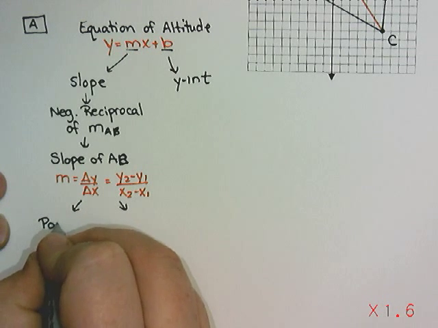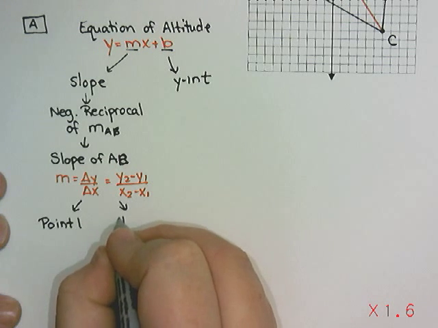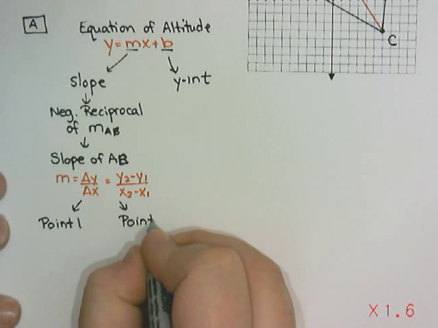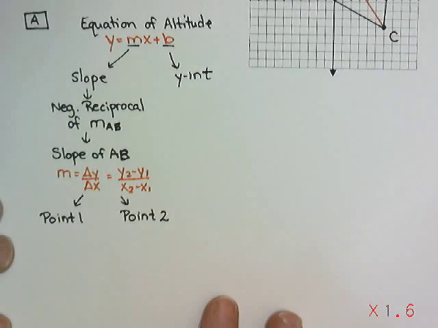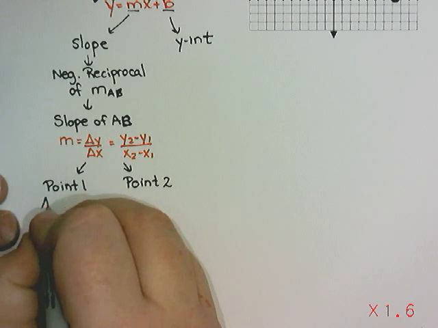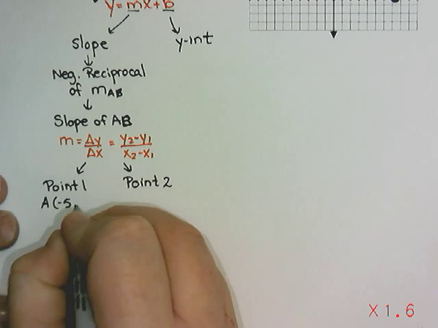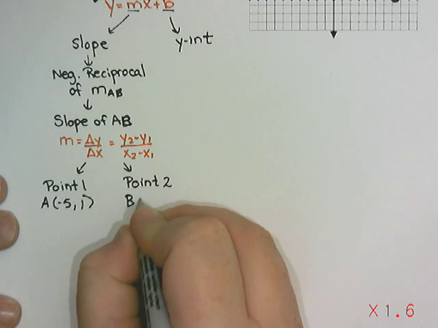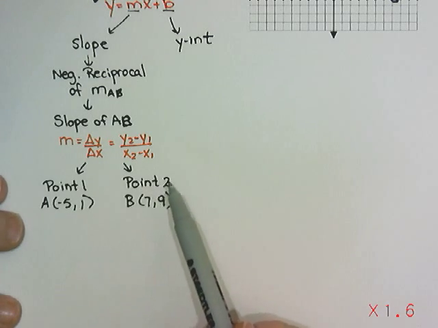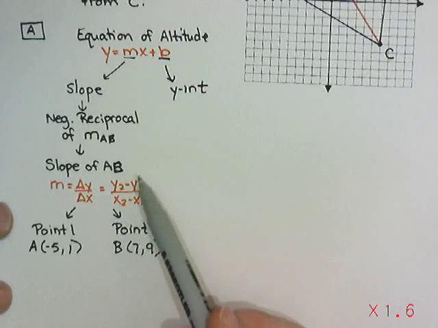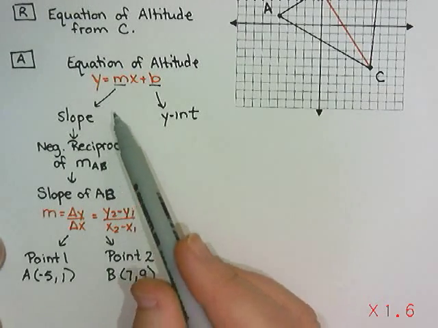So I do need 2 points. First point is going to be point A, second point is going to be point B. So I'm going to state that A is going to be my first point, and B is going to be my second point. And that's going to get me the slope.